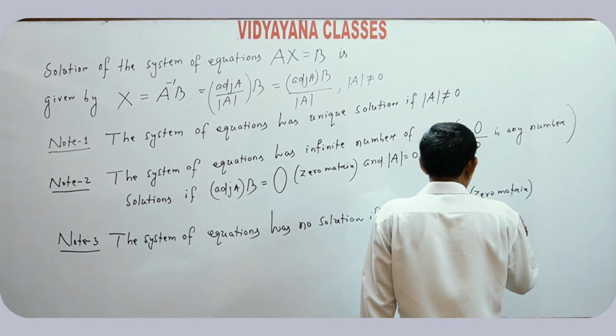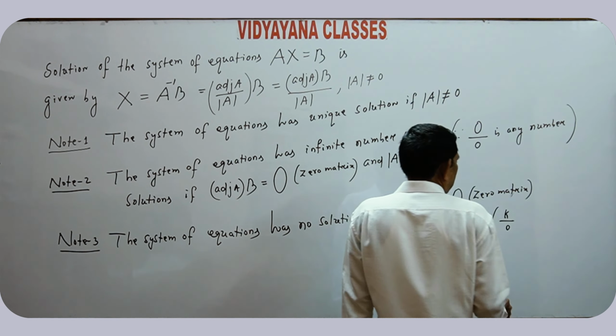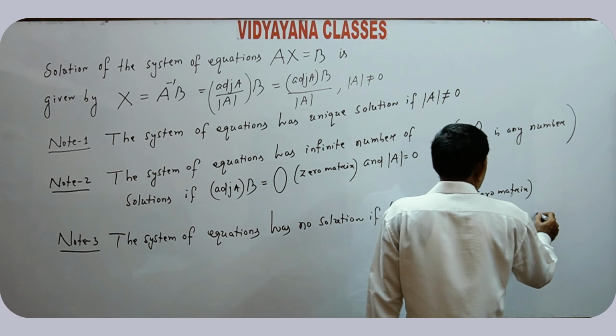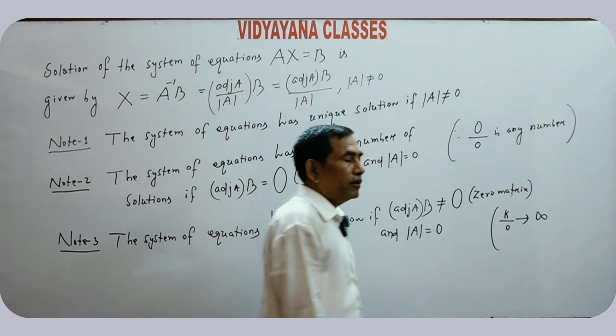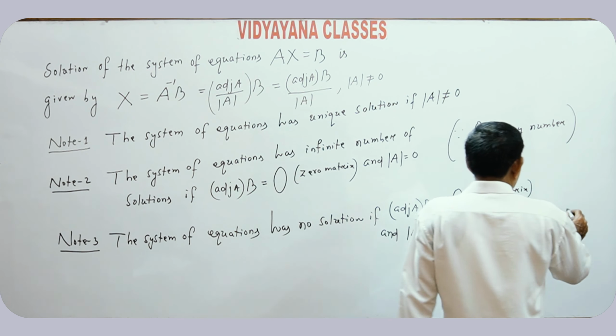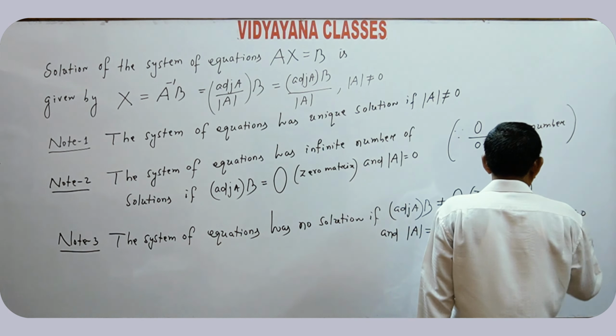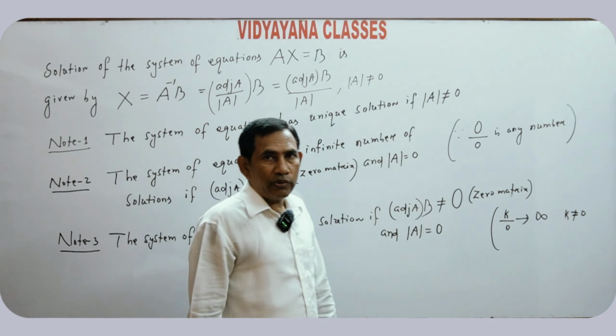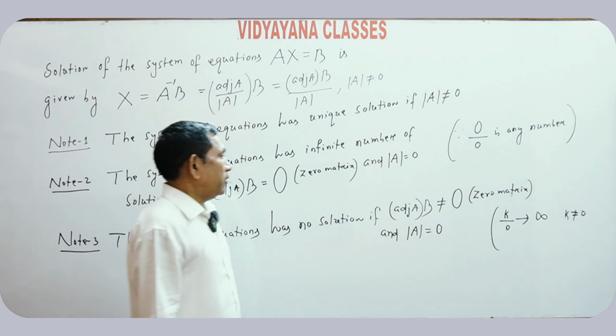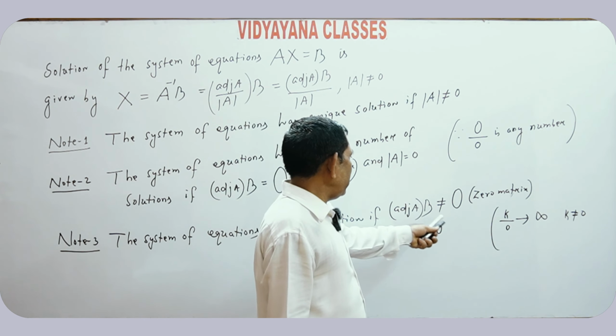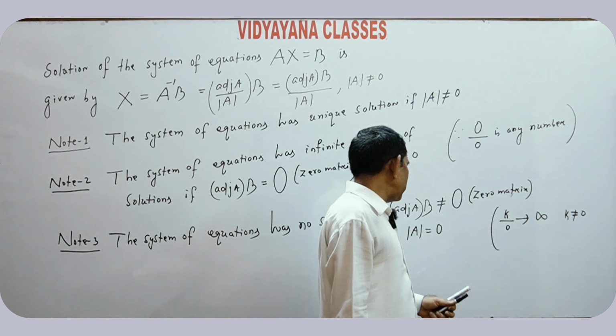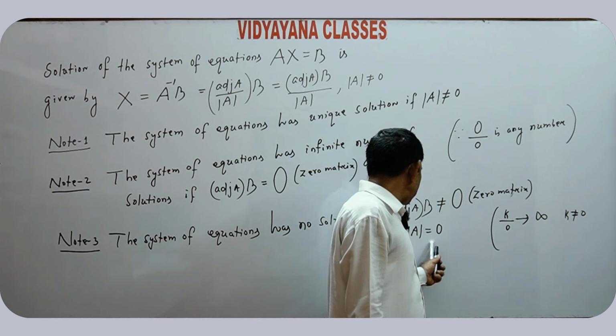Since K by 0 is infinity, K not equal to 0, infinity is not a solution. The numerator is not equal to 0, but the denominator is equal to 0.